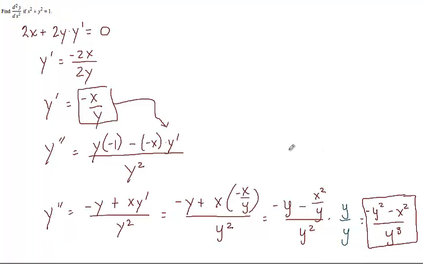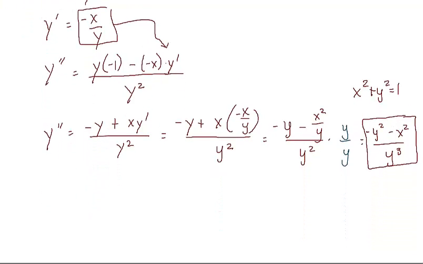Oh, wait. I see that x squared plus y squared equals 1. I can make it even prettier. So if I pull out a negative here, I'll get x squared plus y squared all over y cubed.